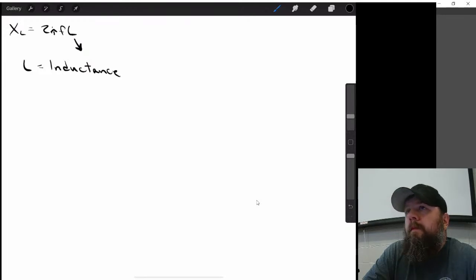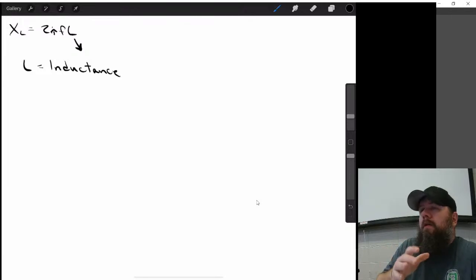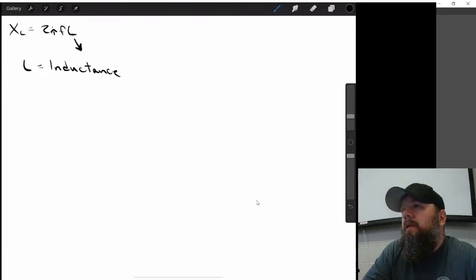For a certain amount of current going through there, we build up a certain amount of magnetic lines of flux around that conductor. And y'all saw that when y'all built the electromagnet, right? The more turns you got, the closer together, the stronger the electromagnet was. Okay.